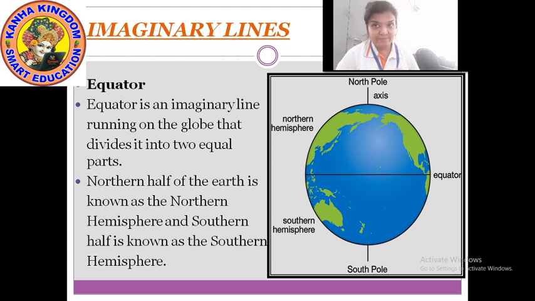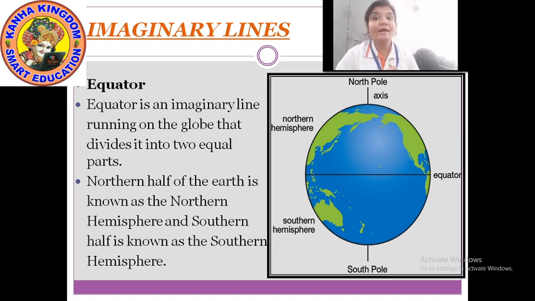So in this way, the earth, or you can say the globe, is divided by the equator into two equal halves, that is the hemispheres. Northern half of the earth is known as northern hemisphere and southern half of the earth is known as southern hemisphere. Got it?